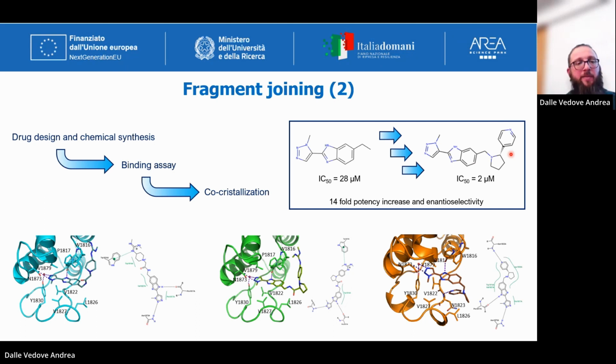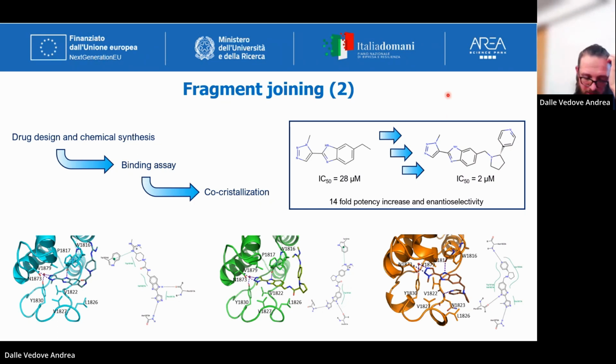So the pipeline goes on also in this case with binding, co-crystallization, even because the two approaches are not mutually exclusive. So you can start doing fragment joining and then explore your new family of ligands and see in which way you can punctually modify them in order to achieve better potency, better selectivity, and so on.